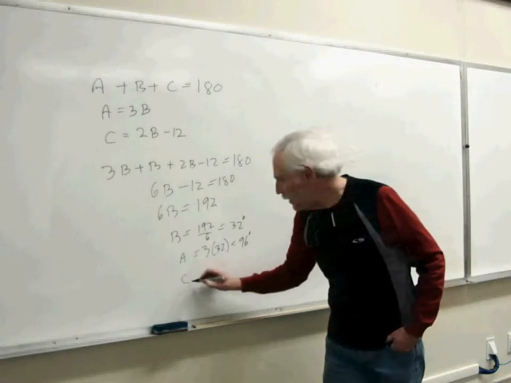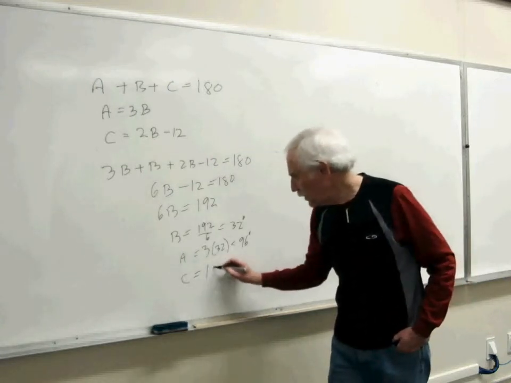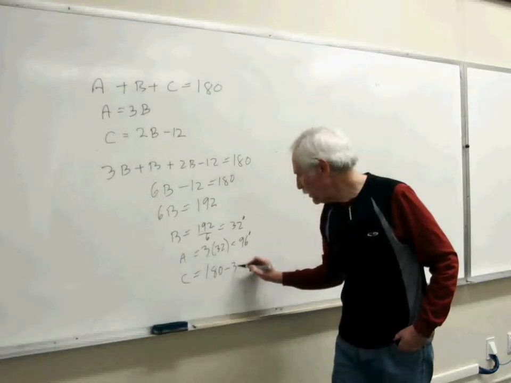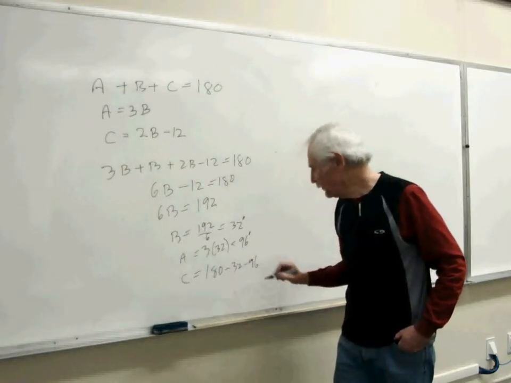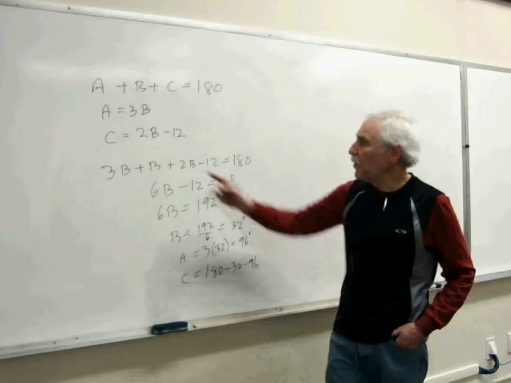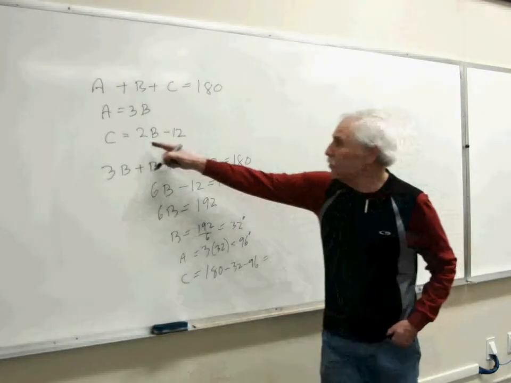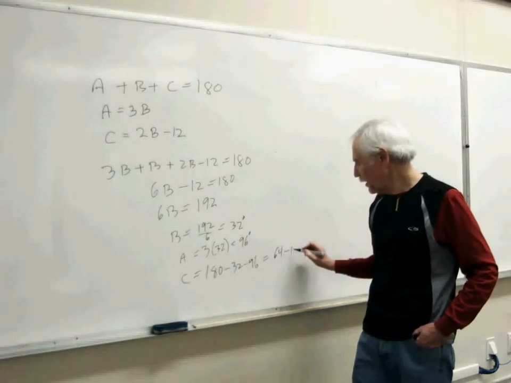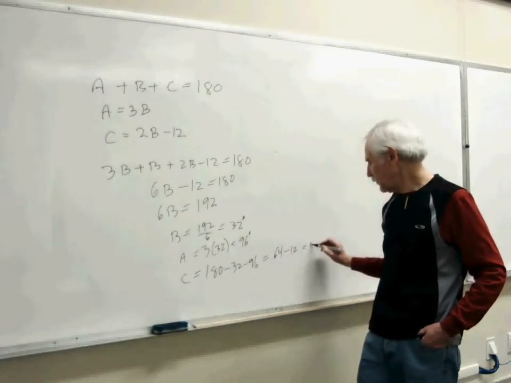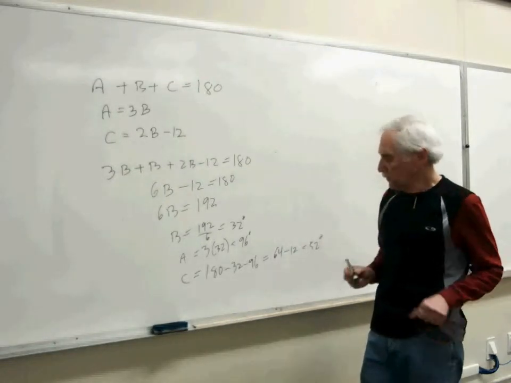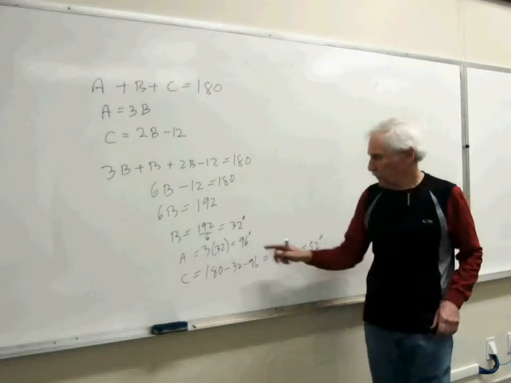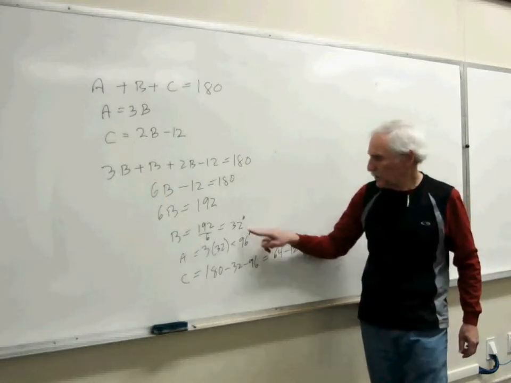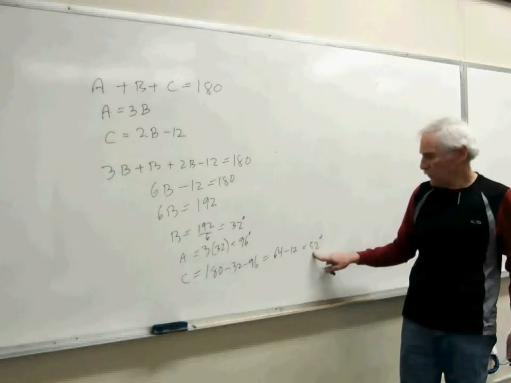So C is either 180 minus 32 minus 96, or you can think of it as 2B minus 12. Well, 2 times B is 64, minus 12 is 52. So A is 96, B is 32, and C is 52.